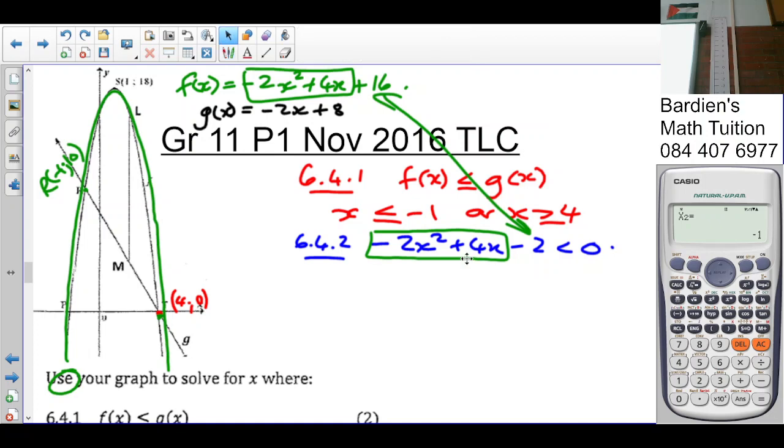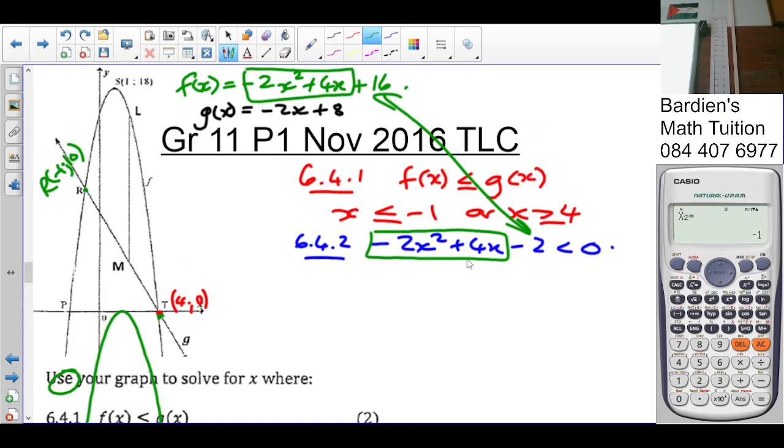This graph shifted how many units? 18 units down. Not so. What are the coordinates of this turning point? 1 and 18. So it means that if I move this graph 18 units down, it will lie on that turning point, and this turning point in this case would be 1 and 0.